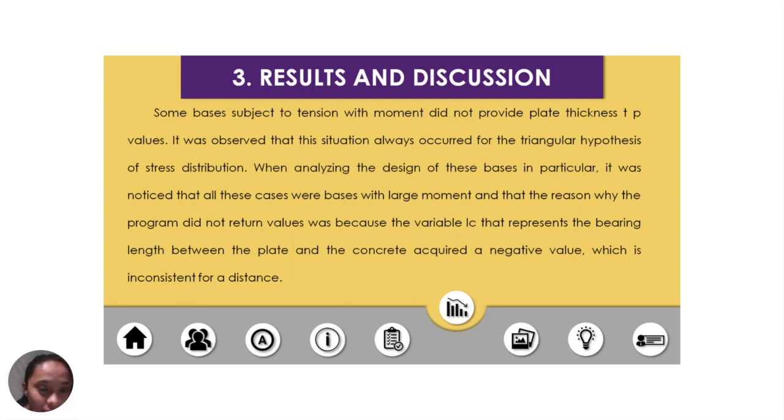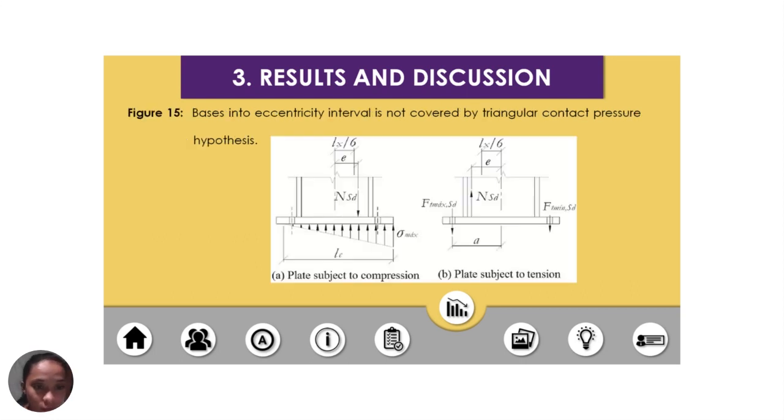When analyzing the design of these bases in particular, it was noticed that all these cases were bases with large moment, and that the reason why the program did not return values was because the variable LC, the bearing length between the plate and the concrete, acquired a negative value, which is inconsistent for a distance. This is figure 15: bases whose eccentricity interval is not covered by the triangular contact pressure hypothesis.